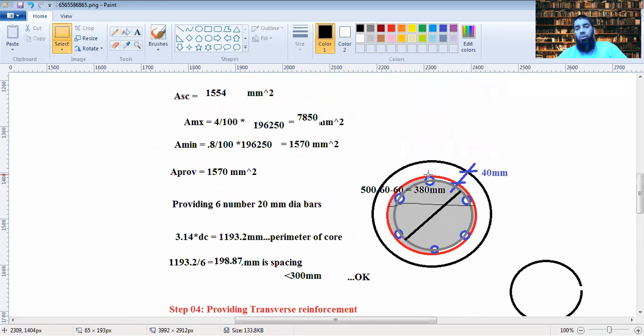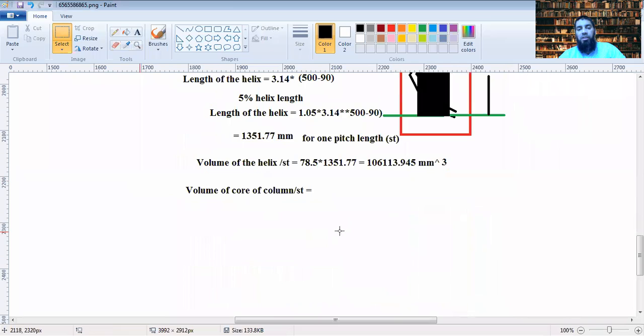Now, core is everything within this red line except these longitudinal bars, that we can exclude, but for simplicity's sake we can take that also into account and say that the volume of the core is everything within.